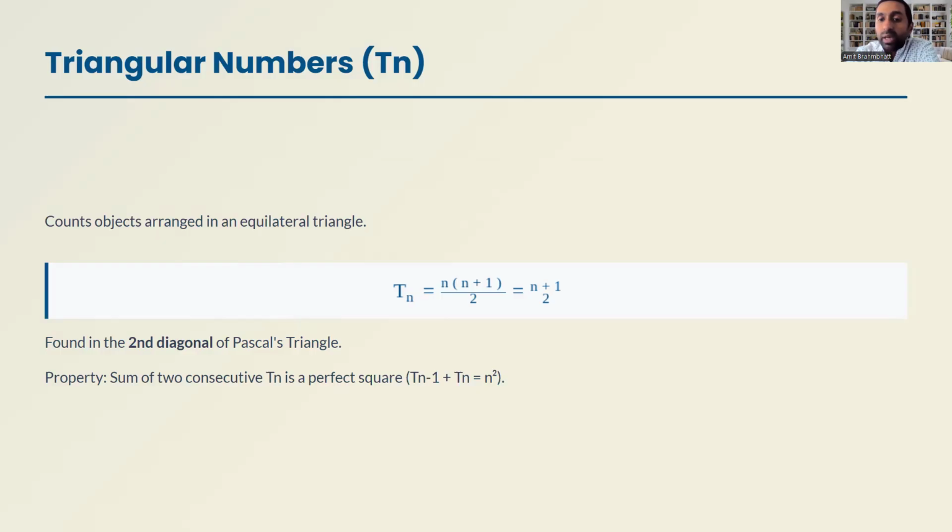The formula for the nth triangular number is n times n plus 1 divided by 2, which is equivalent to the binomial coefficient n plus 1 choose 2. If you look at Pascal's triangle, the triangular numbers appear perfectly along the second diagonal. An interesting property: adding any two consecutive triangular numbers always yields a perfect square.